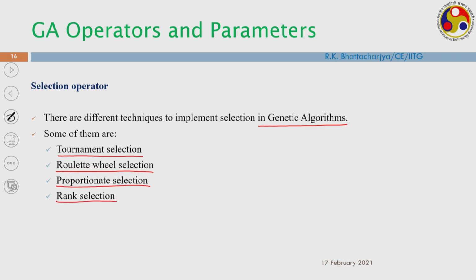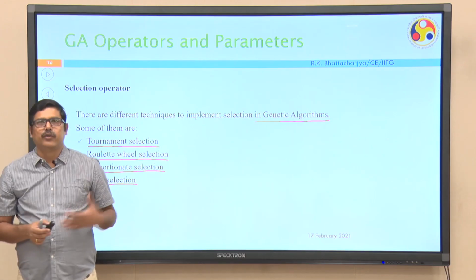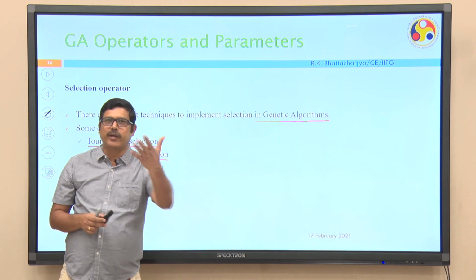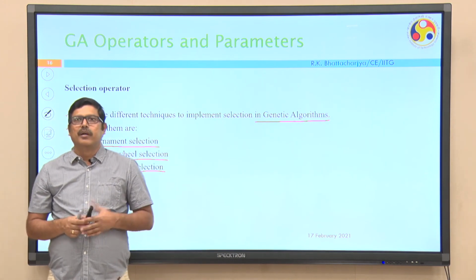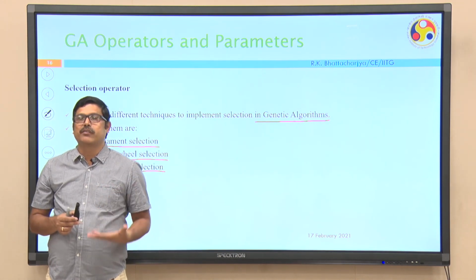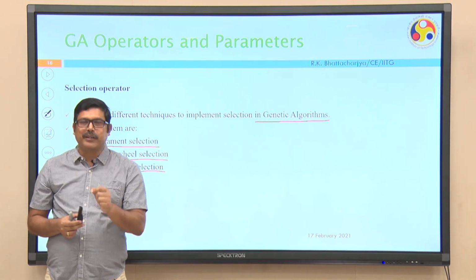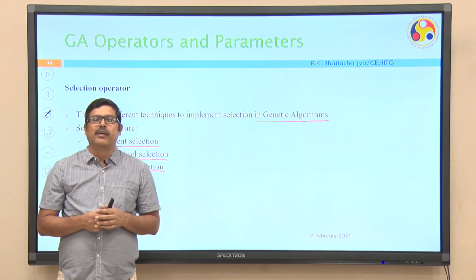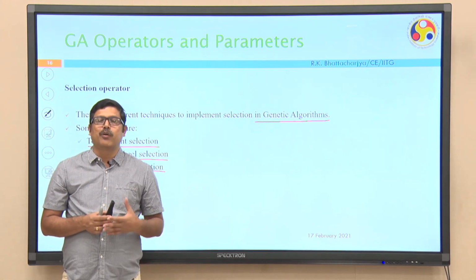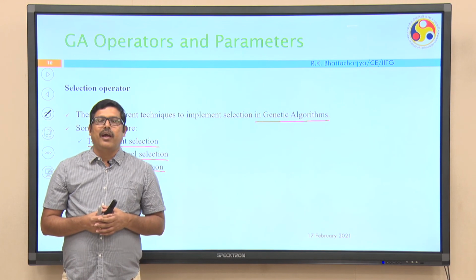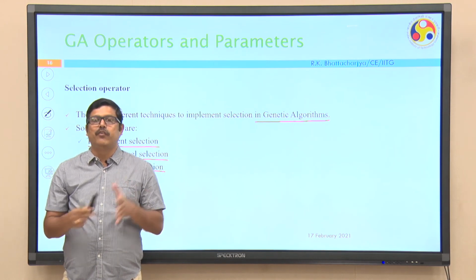So, I can implement one of them basically, or there are some other selection operators also, or you can have your own selection operator, but you just remember what is the function of the selection operator. You have to identify the better solution. This is one function, and then you have to make multiple copies of the better individual, and then you have to eliminate the inferior solution.